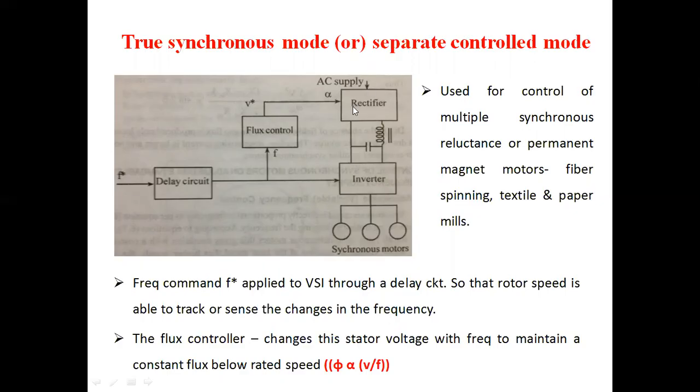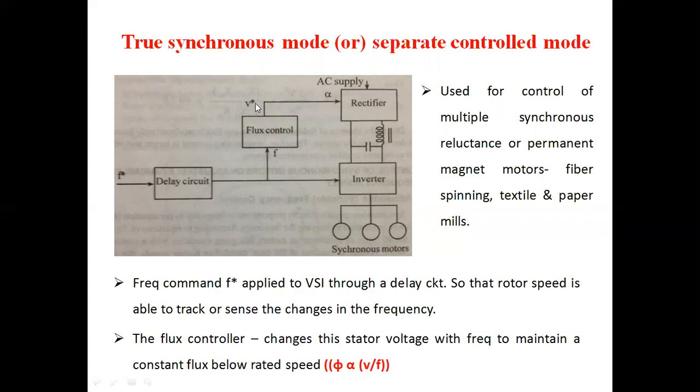For generating the switching pulses for the rectifier and inverter, we are using closed loop operation. Here we take an external separate frequency signal, and with the help of a delay circuit we give it to the VSI inverter. One more block is the flux controller, with which we convert the frequency parameter into a voltage parameter.